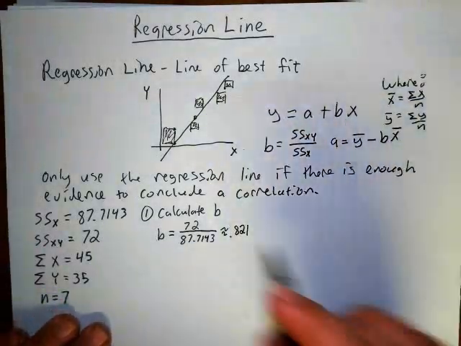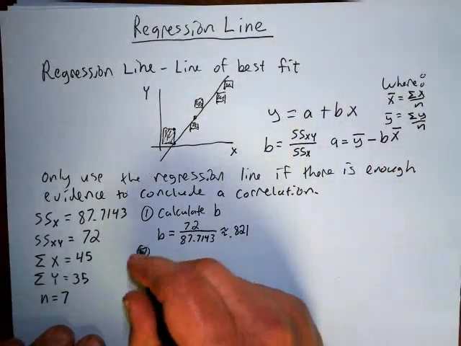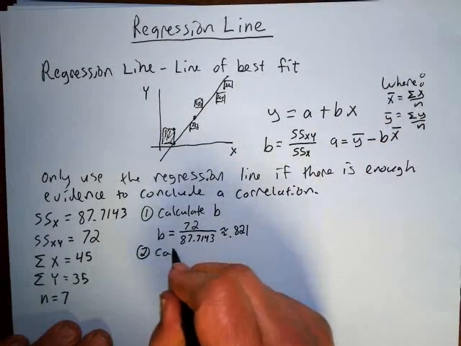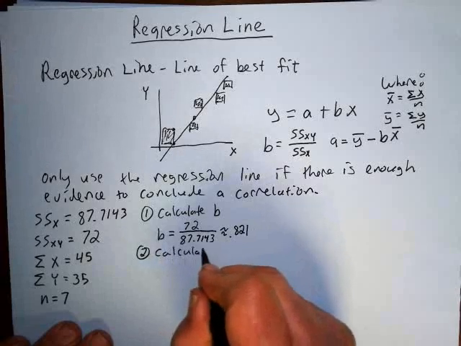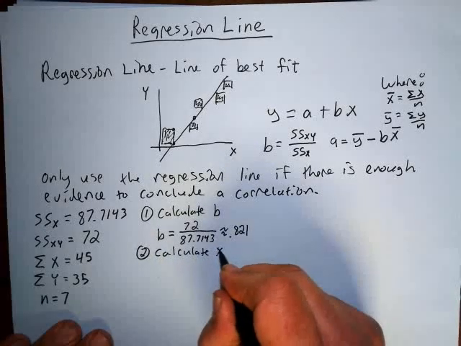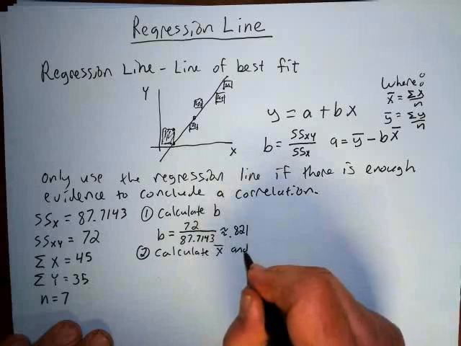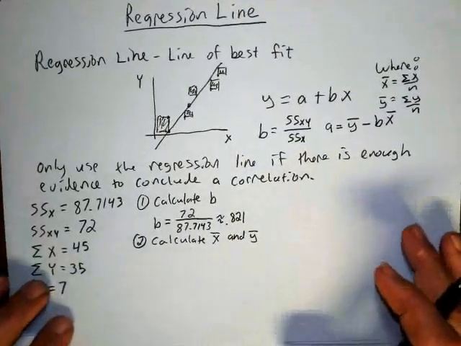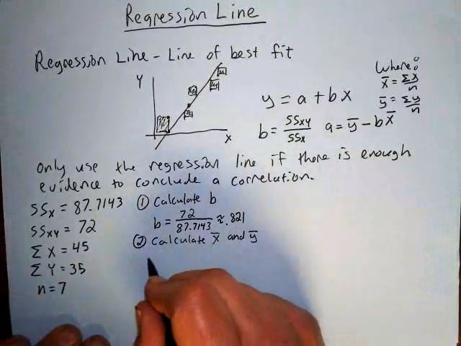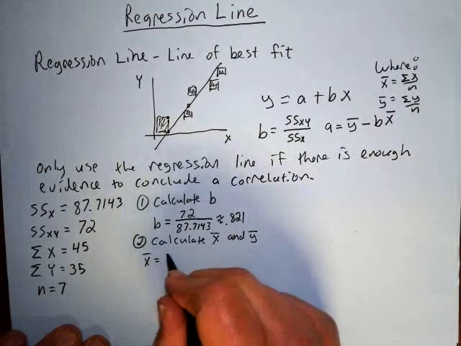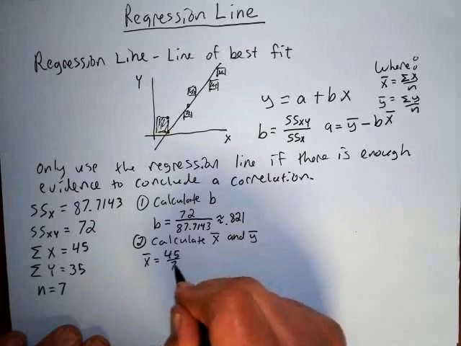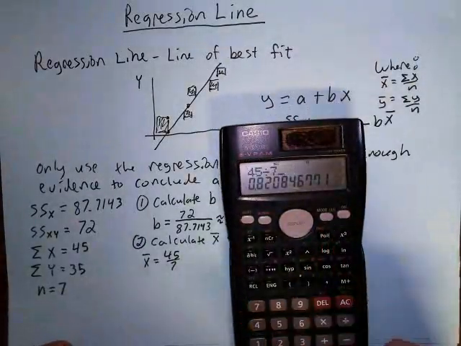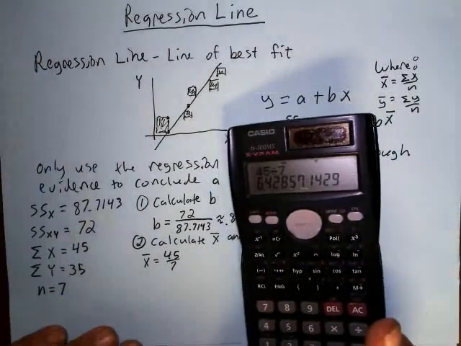And now, step 2, before I can calculate the A, I need to get the X bar and Y bar. So step 2 would be calculate X bar and Y bar. So X bar is just 45 divided by 7, which gives me 6.4.